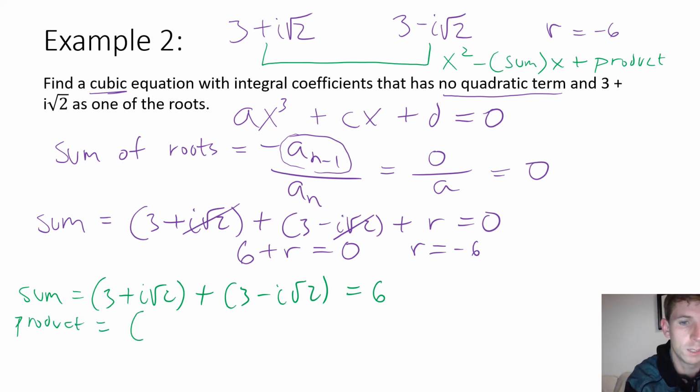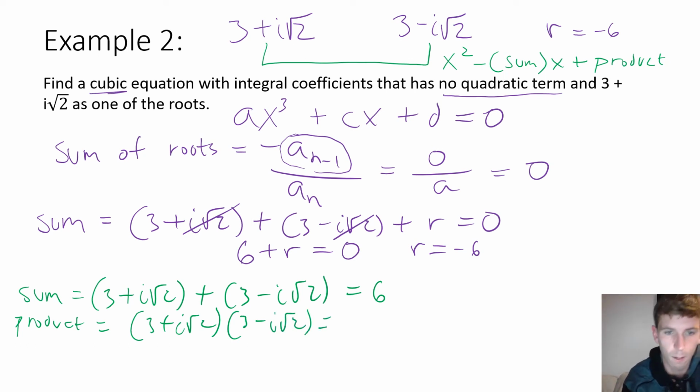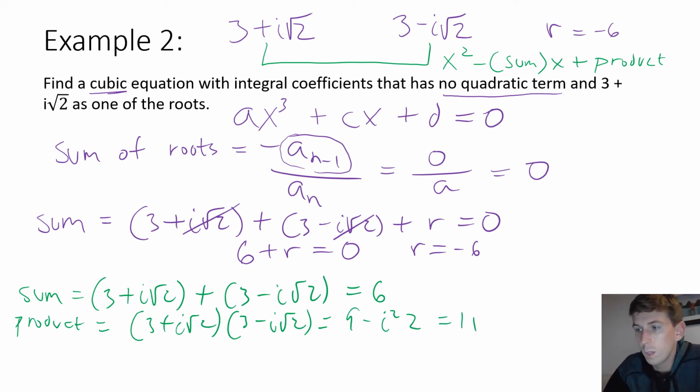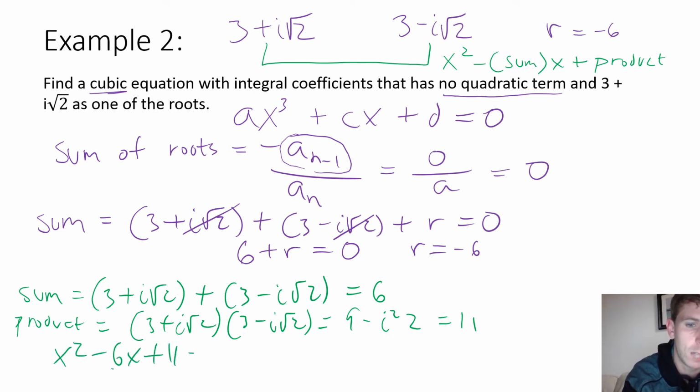The product is going to be 3 plus i root 2 times 3 minus i root 2, which will be 9 minus i squared times 2, which is 11. All right, great. So that quadratic is going to be x squared minus 6x plus 11.